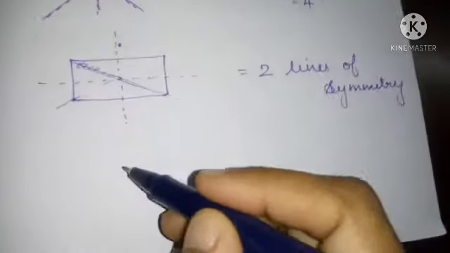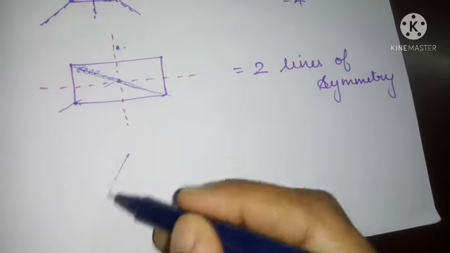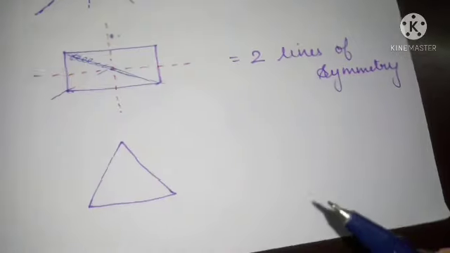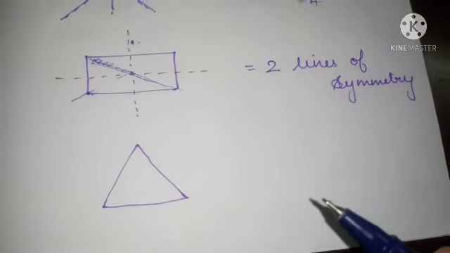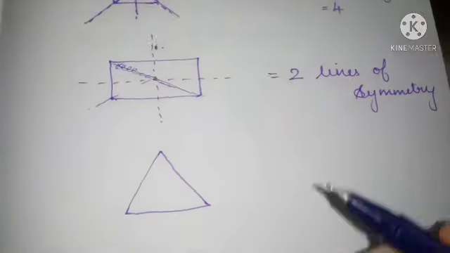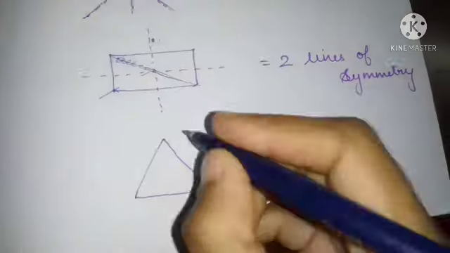Next, triangle. I am going to take you to the first equilateral triangle. Equilateral triangle means what? All the 3 sides are equal. So I am going to draw the line of symmetry.